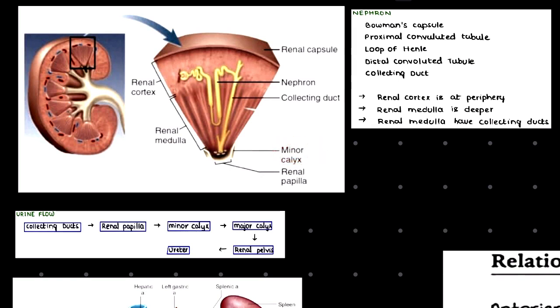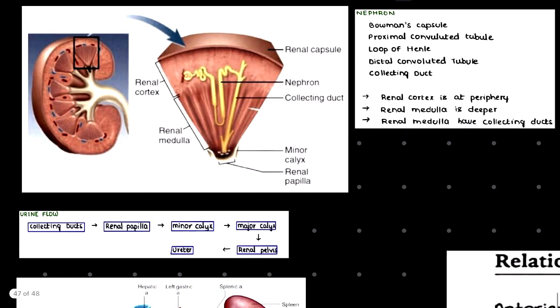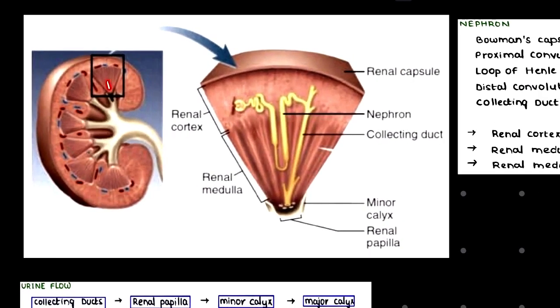Here we have the collecting duct. This collecting duct will transfer the urine to the renal papillae, then to the minor calyces, and then to the major calyces, right?